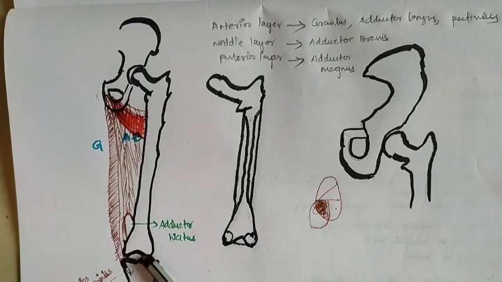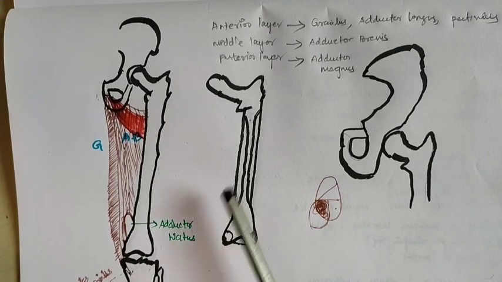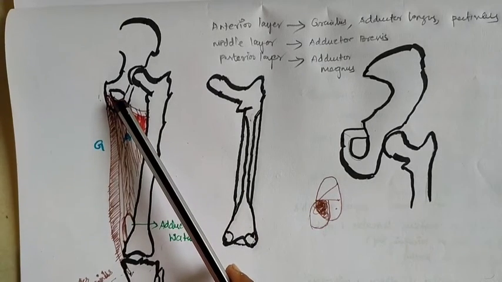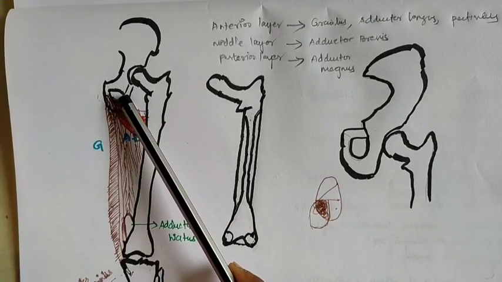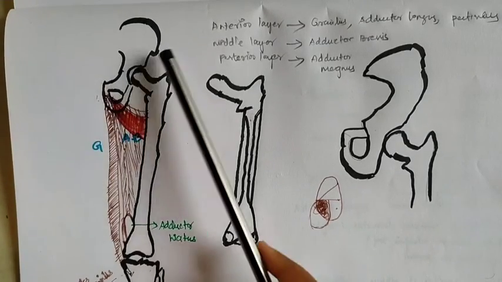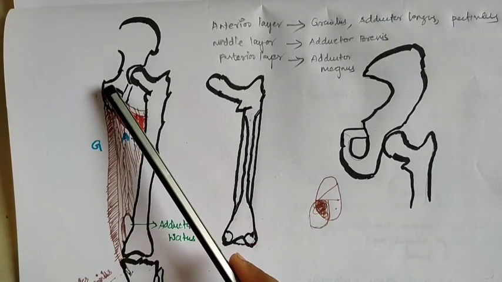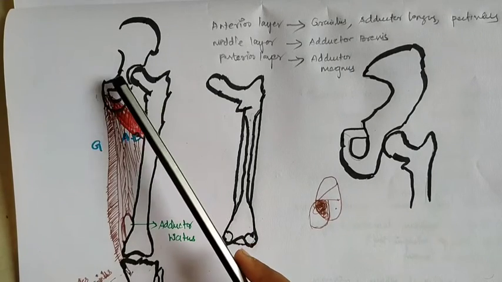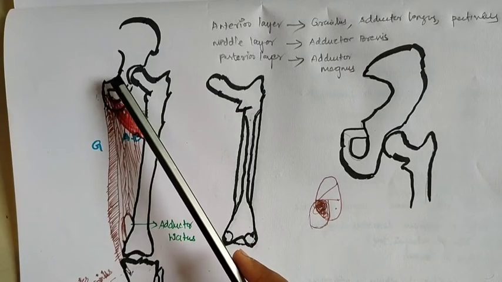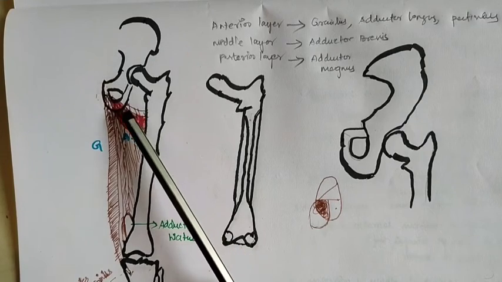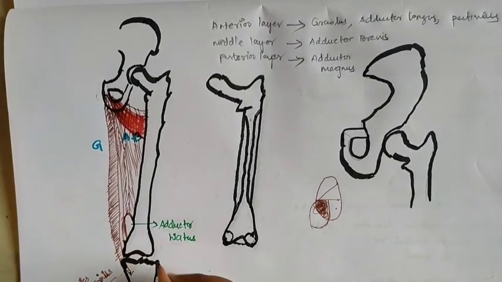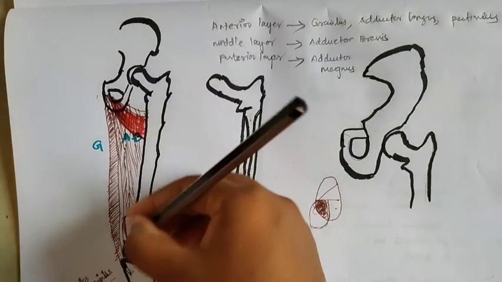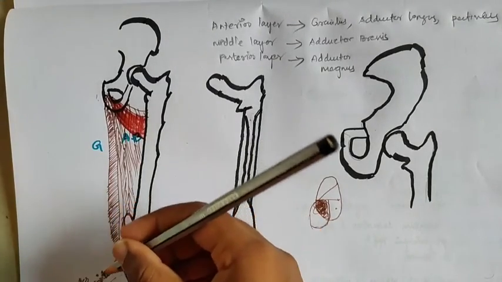And the adductor hiatus is very important because the femoral artery enters the lower limb through the gap between the inguinal ligament and the pubic bone. From that area it enters, and it leaves the thigh through the adductor hiatus and enters the popliteal surface.